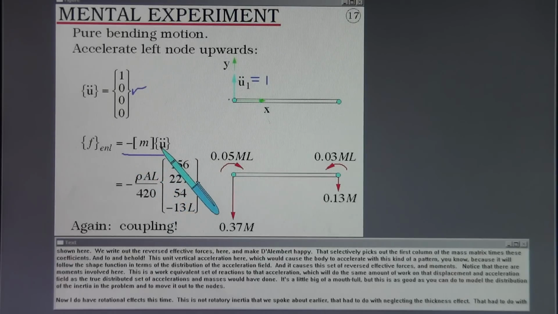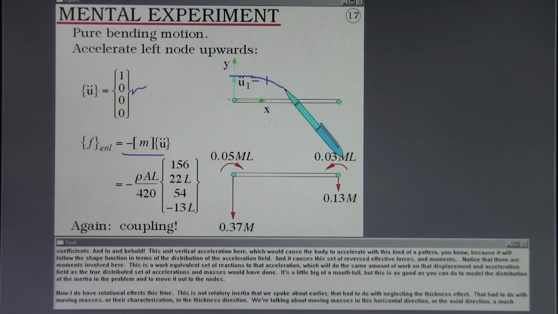That selectively picks out the first column of the mass matrix times these coefficients. And lo and behold, this unit vertical acceleration here, which would cause the body to accelerate with this kind of a pattern, you know, because it will follow the shape function in terms of the distribution of the acceleration field. And it causes this set of reversed effective forces.